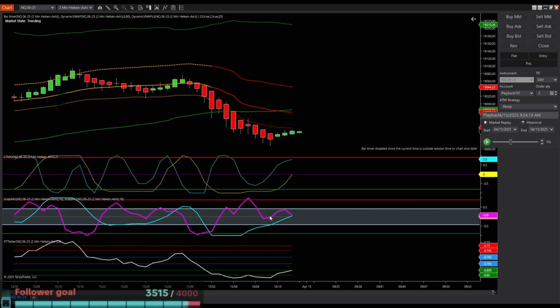But listen, what worked for me today might not work for you. If 16 and 18 feels a little too sluggish for this type of action, you might want to dial it down to 12, meaning the purple line at 12. That might give you a little more responsiveness to those 3 to 4 bar rotations.